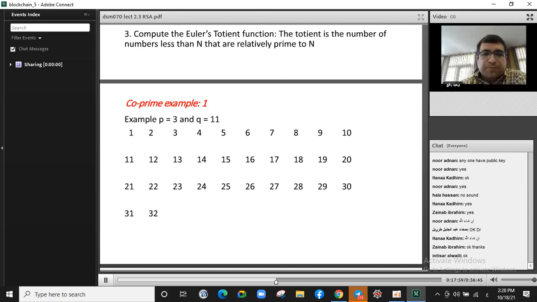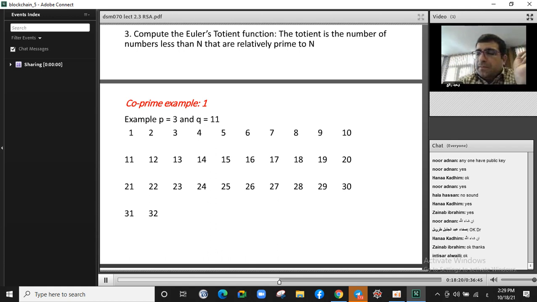For example, for simplicity, we choose two small numbers for P and Q. P and Q are normally two large prime numbers, but for simplicity here, I chose only two small prime numbers.